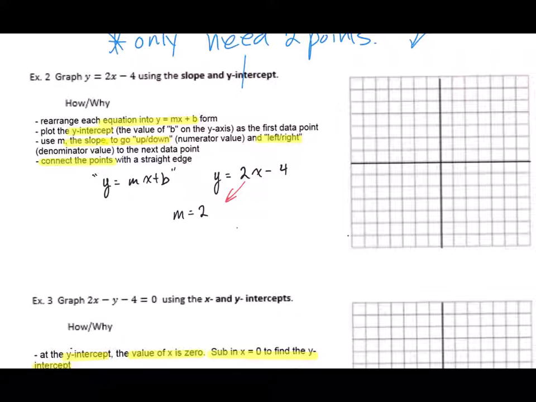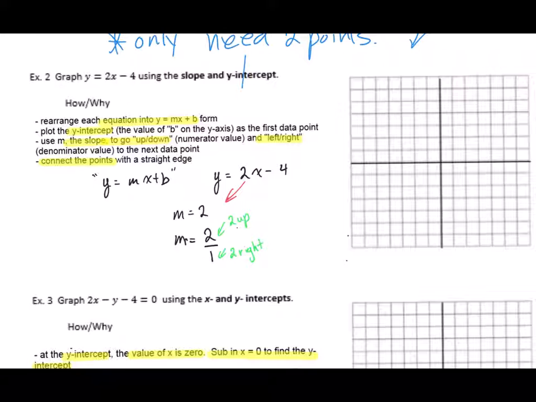But we want to make sure that it's in rise and run form. So m is really the same as saying 2 over 1, where this means move 2 up, and this means 1 to the right.